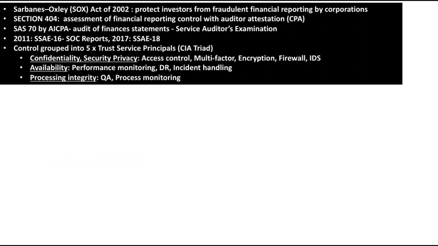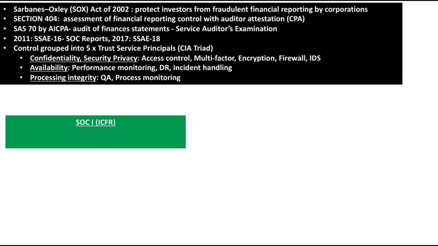And as per the processing integrity requirement, quality assurance and process monitoring have to be in place. So our third party vendor is assessed by an independent auditor based upon these five trust service principles.